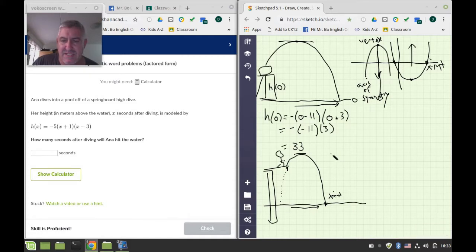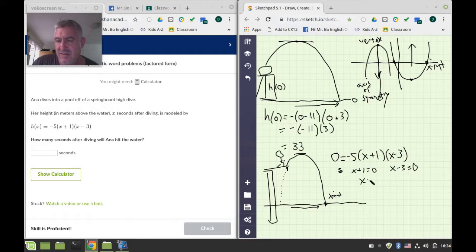So we're going to set h of x equal to 0. The height is 0. Negative 5 times x plus 1 times x minus 3 is equal to 0. So x plus 1 has to equal 0, or x minus 3 has to equal 0.